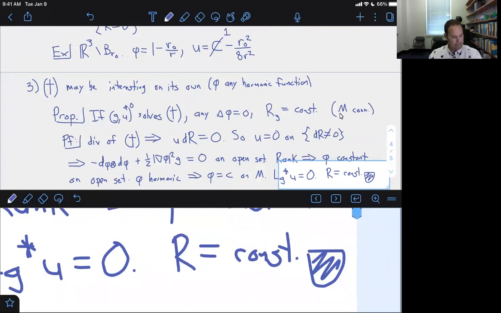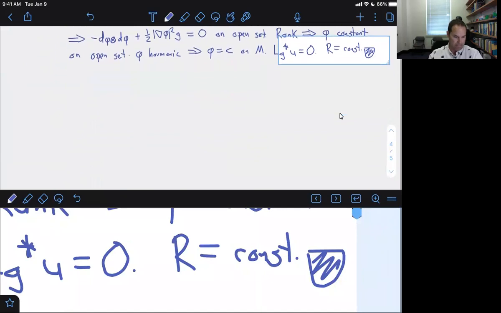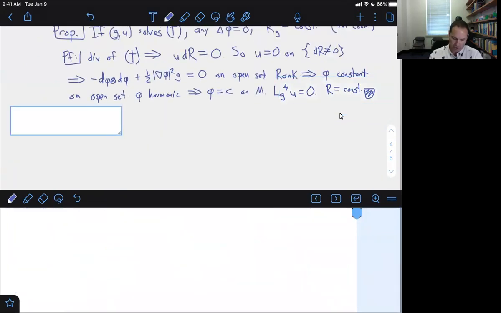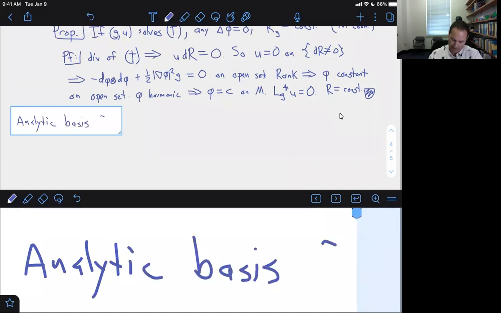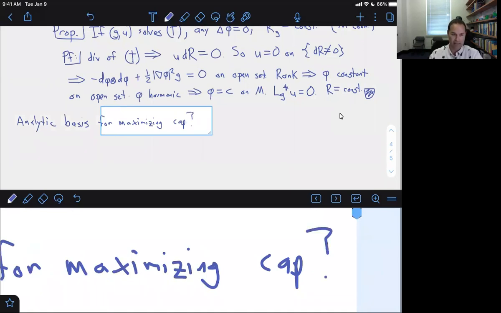Okay, so just a short little back and forth there between U and phi. Maybe I'll skip over a little bit here, just in the interest of time. Let me now go back to a question or a point I made about minimizing mass. You could ask a corresponding question for maximizing the capacity. Is there some theoretical or analytical basis for maximizing the capacity, just like the question was asked for minimizing the mass?